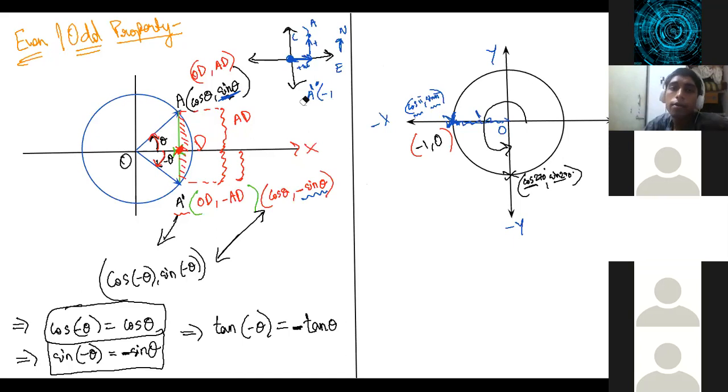Sir, I'm just saying that if we consider that any person is walking till point D, and that same person is traveling the distance that is equal to OD, that is OP, and he is going till again the distance equal to OA dash. So then cos theta can be negative and sin theta can be positive.